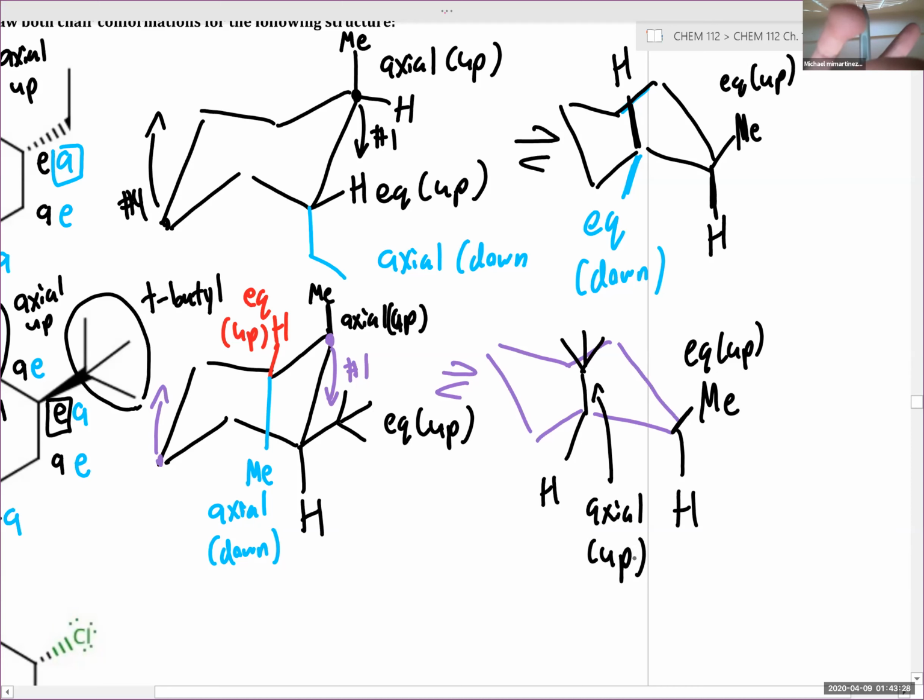Finally, looking at our methyl group in blue, so this methyl group, after a ring flip, will it be axial or equatorial? After a ring flip, will this methyl group be axial or equatorial? This methyl group in blue that I've starred.